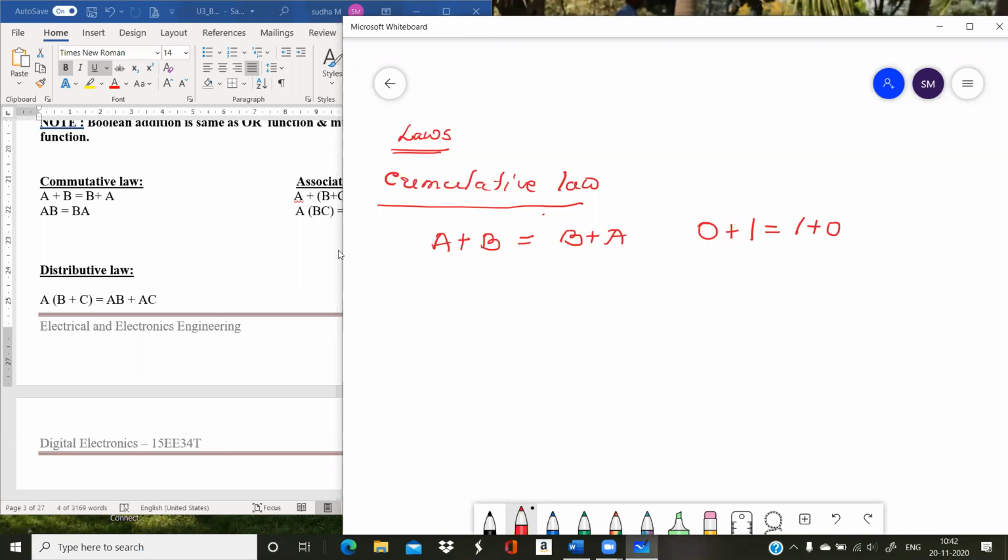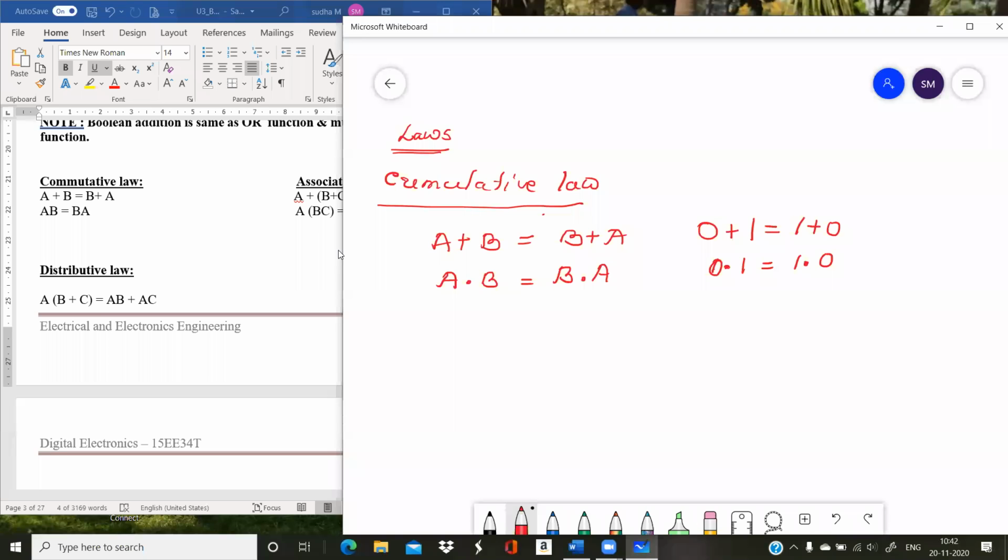Similarly, we can write A dot B is also equal to B dot A. A multiplied with B, or exactly, A ANDed with B, is equal to B ANDed with A. 0 into 1 is also equal to 1 into 0. So both are the same. From both multiplications, we get the same output. So this law is called the commutative law.